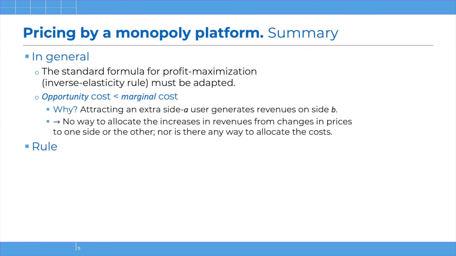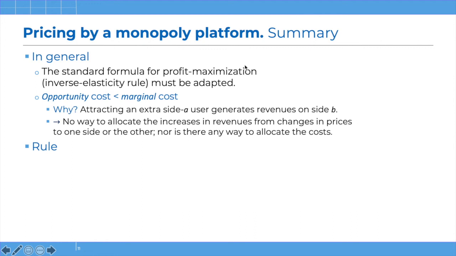Why? Because in the presence of two sides which are related to one another, it's actually very difficult to attribute both the costs and the revenues to one side or to the other. Revenues are co-generated by the two sides.